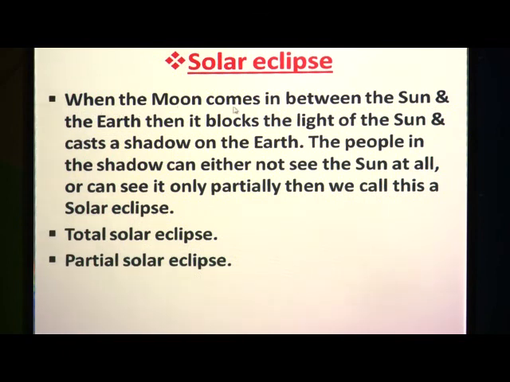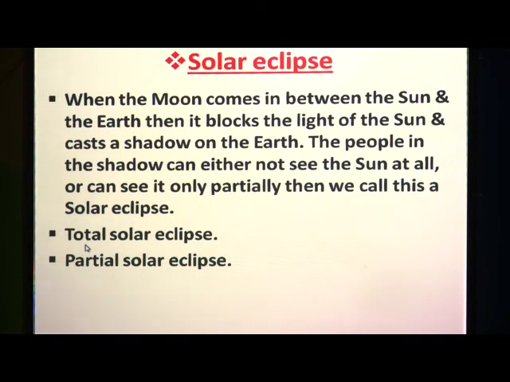When the moon comes in between the sun and the earth, it blocks the light of the sun and casts a shadow on the earth, and the people in the shadow can either not see the sun at all or can see it only partially. Partially means only some part of the sun, and we call this a solar eclipse.